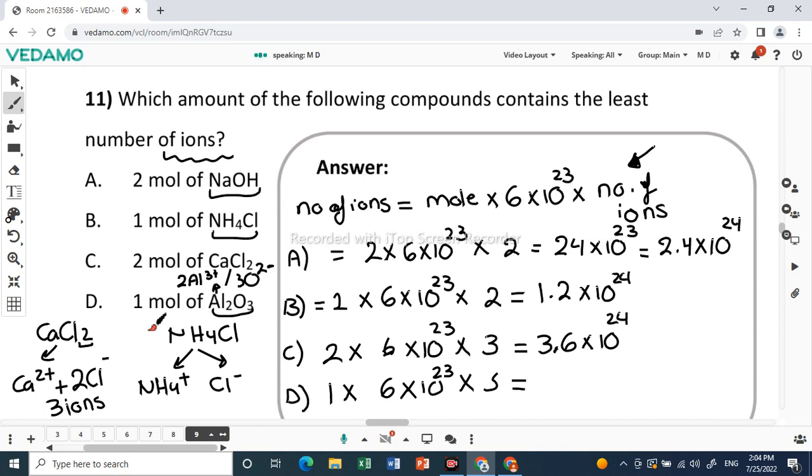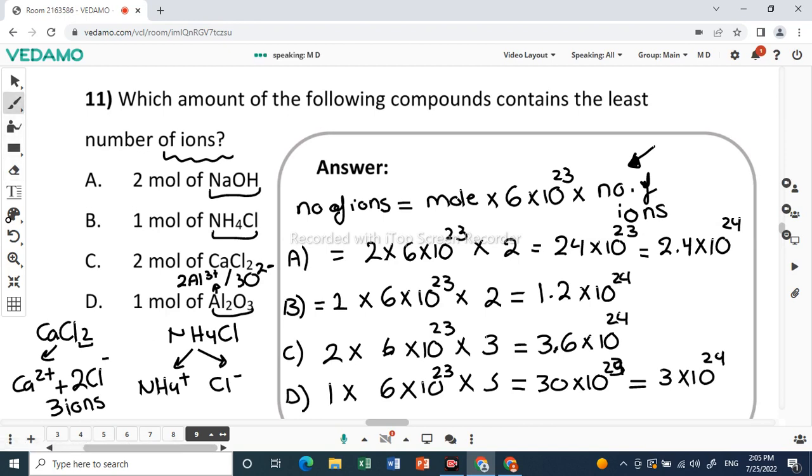So here 5 times 6, your final answer is 30 times 10 to the power of 23, and it will be equal to 3 times 10 to the power of 24.